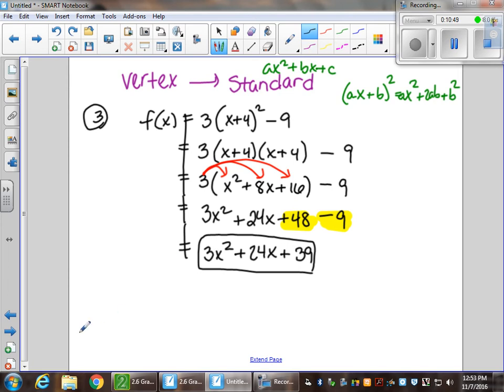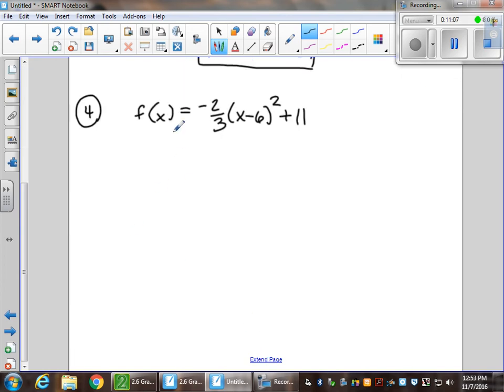Number 4. f of x equals negative 2/3 times x minus 6 all squared plus 11. Again, a will stay out front.